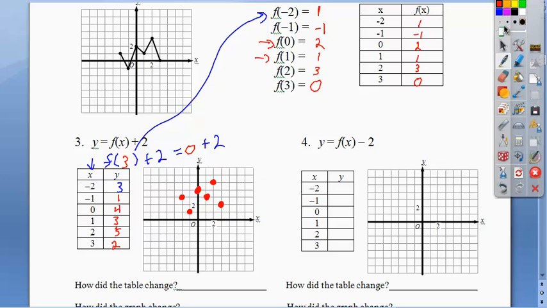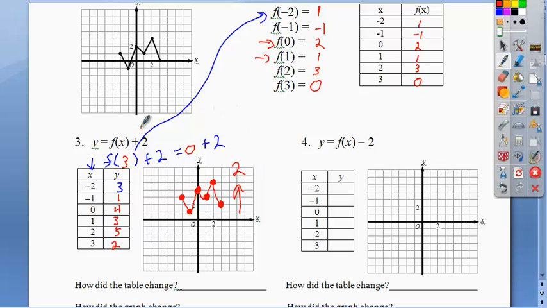So then, as I connect my dots again, you'll notice that this graph looks identical to this graph, with the only difference being that this was shifted up a total of 2 units.